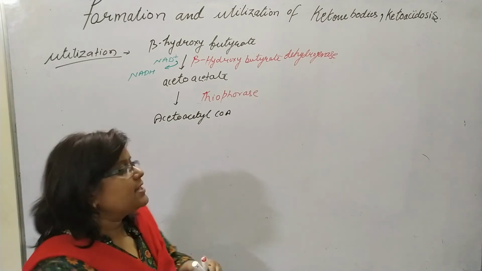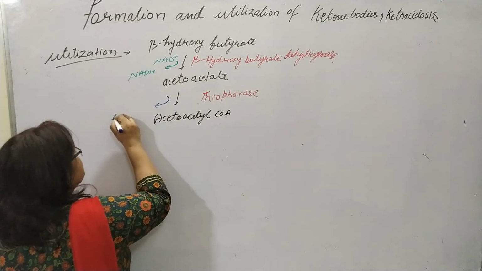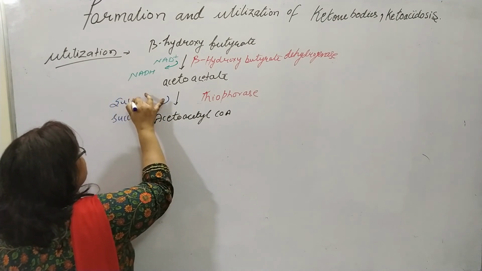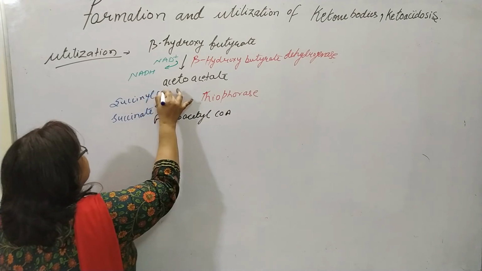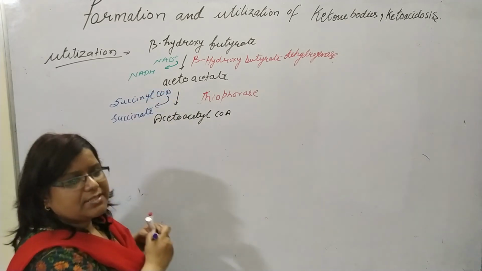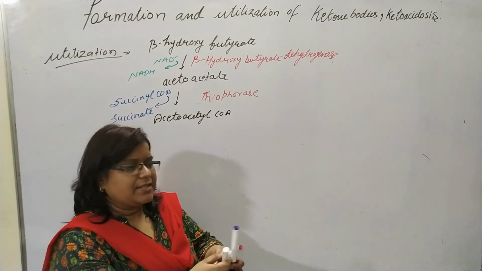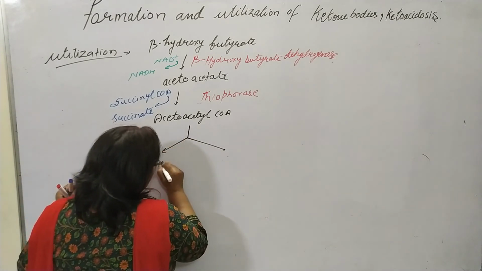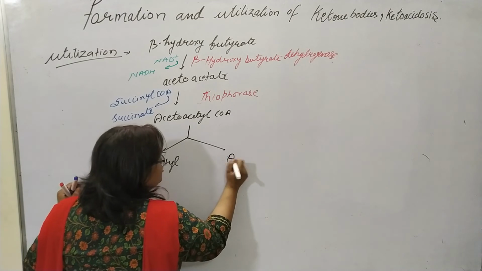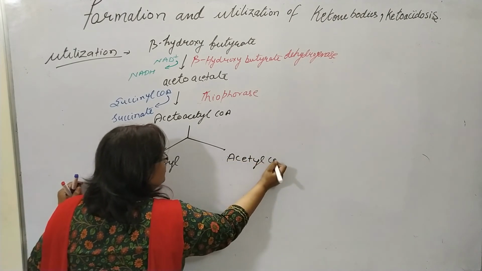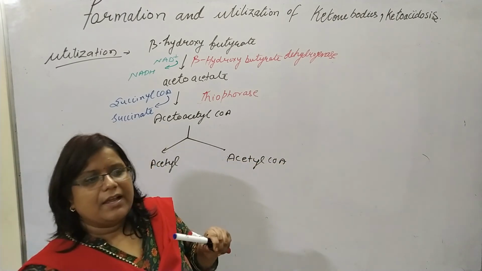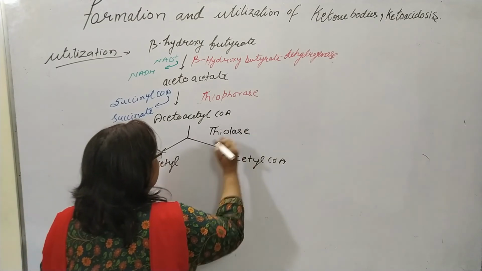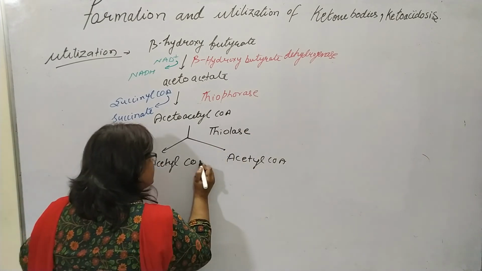Here the succinyl coenzyme A is released in the form of succinate. Acetoacetyl coenzyme A splits into two molecules of acetyl coenzyme A, and the enzyme is thiolase.